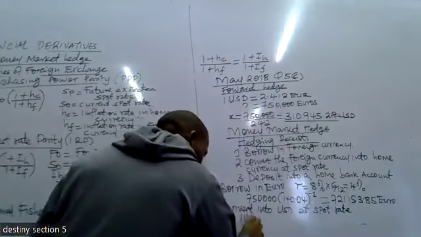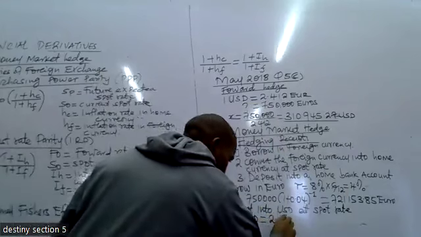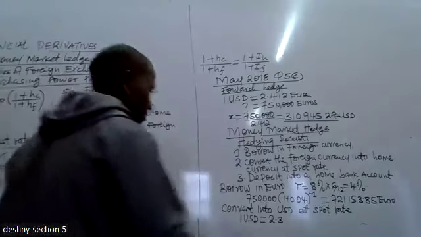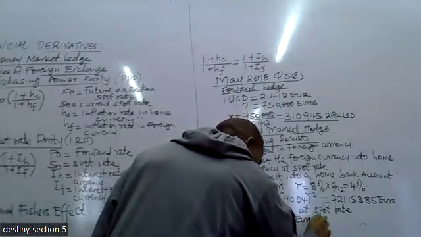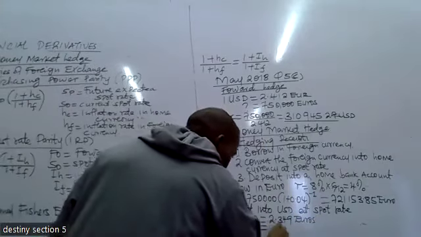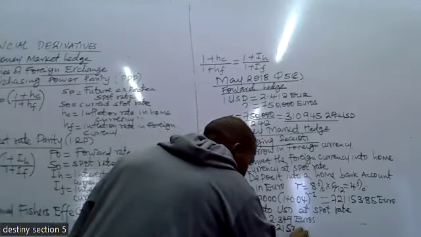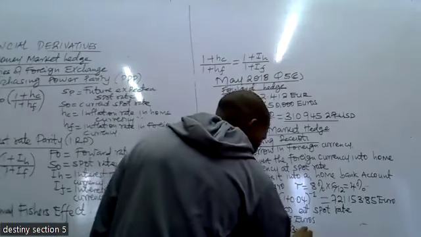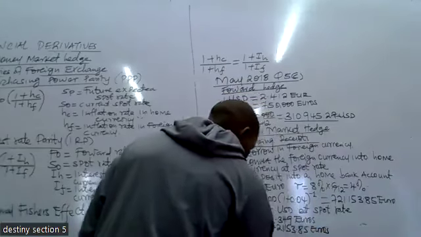So 1 USD at spot rate is 2.1349, right? So you ask yourself, this is 721,153.85 euros.